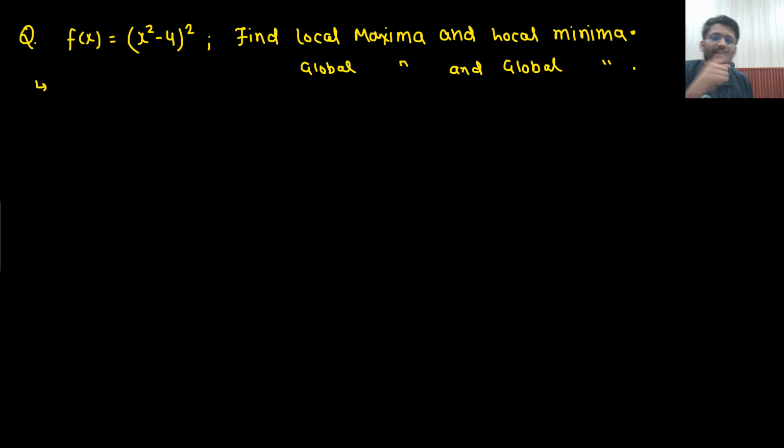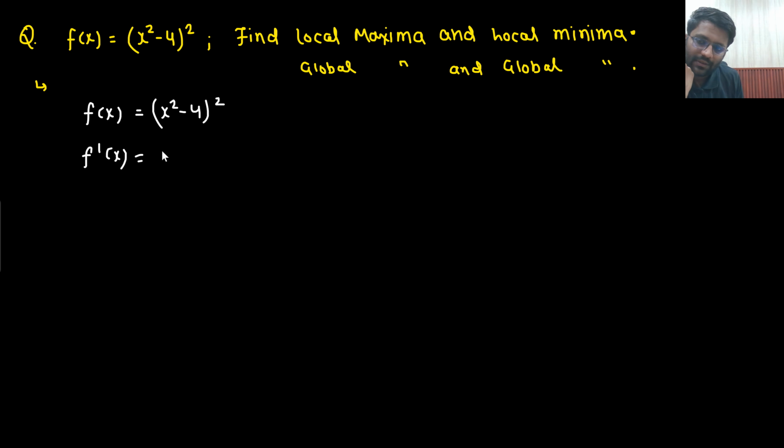Okay. Solve this question. What is the best possible way? Draw the graph and your job would be done. Can I draw the graph? What is the function given? f(x) equals (x square minus 4) whole square. Do the differentiation: 2 times (x square minus 4), then do the differentiation of inside, that will become 2x.